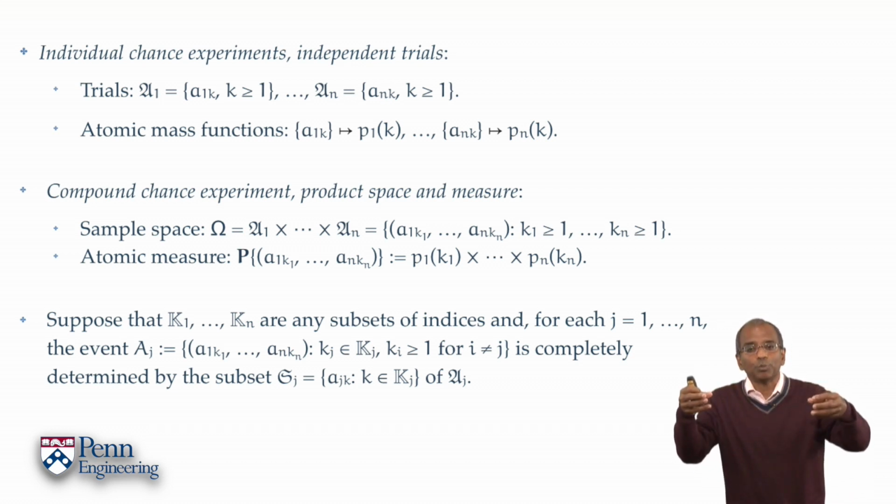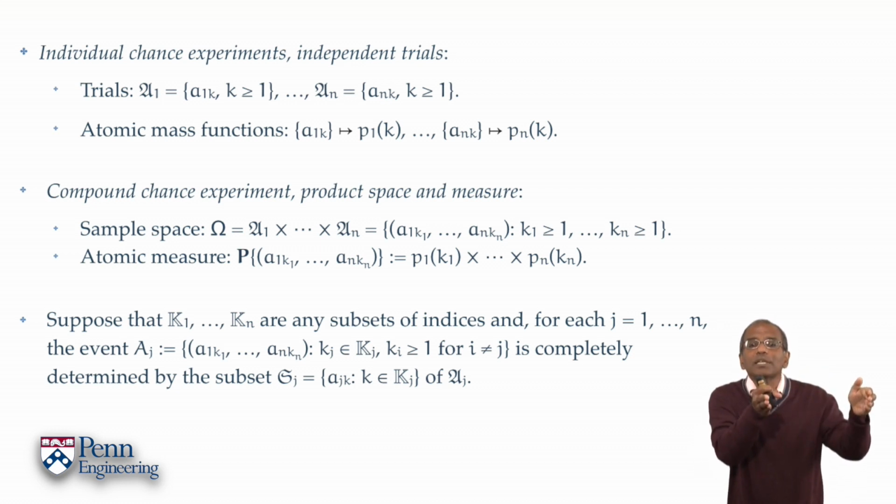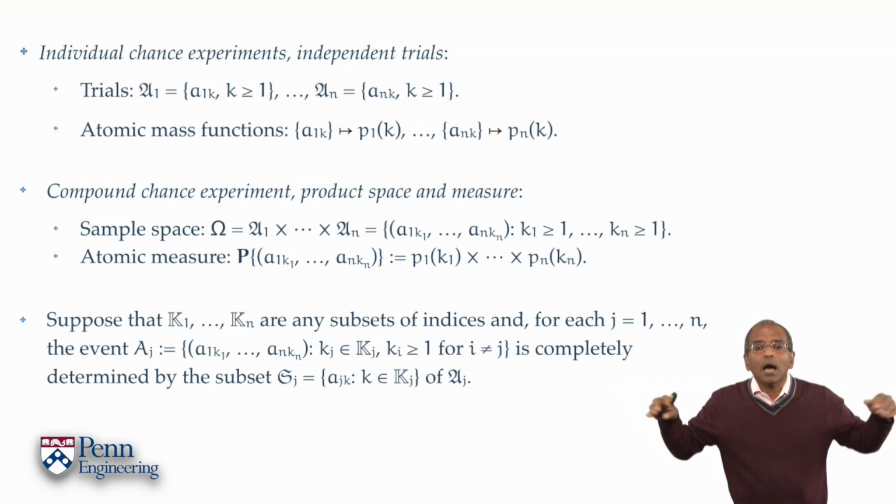Therefore, it's a collection of n-tuples. But this collection of n-tuples has as its jth member an element which is from a defined set of possibilities. It's in a restricted range of possibilities, tagged elements for the jth trial. And the remaining elements are completely unfettered.